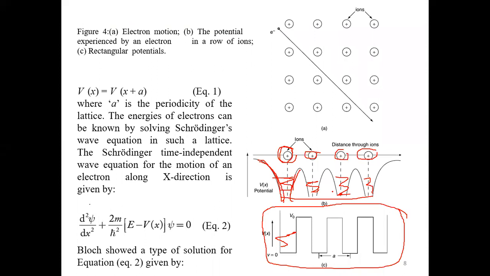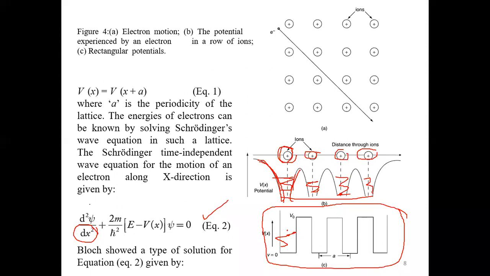Okay, and I hope you have studied the Schrodinger equation in your college level chemistry book. This is the one-dimensional Schrodinger equation: d square psi dx square plus 2m by h bar square (E minus V) psi equals 0.